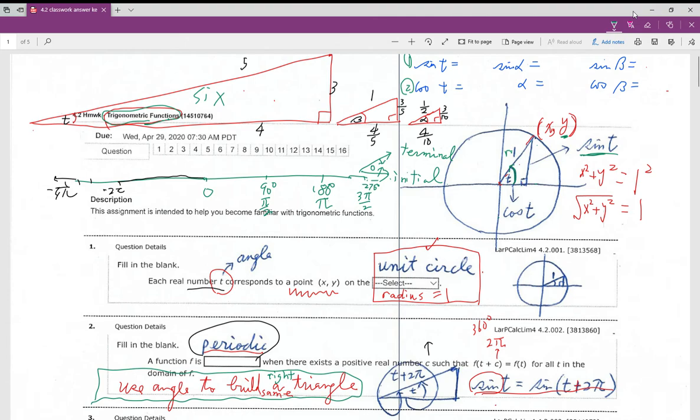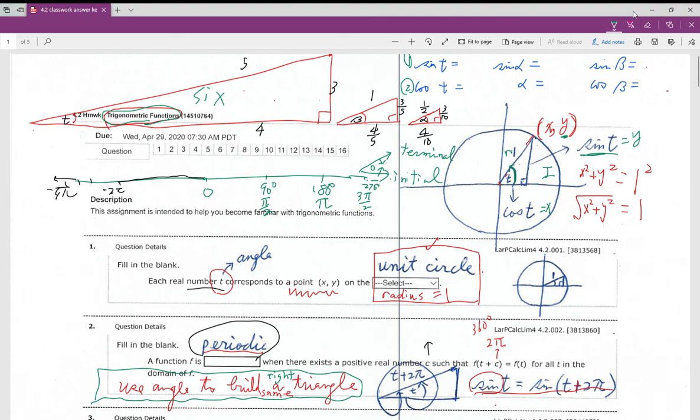And the x value basically is cosine t. So this is the y value. This is the x value. When we are talking about everything in the first quadrant, it's this simple.